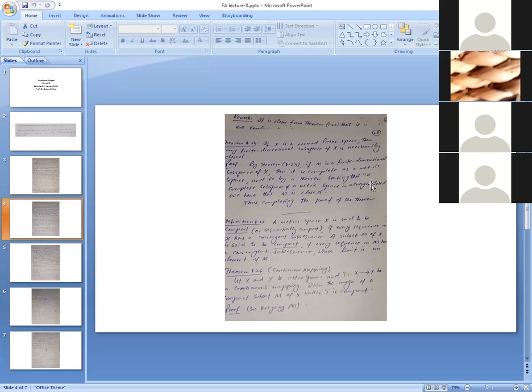Now, if we consider any subset M of a metric space X, when will this subset be compact?